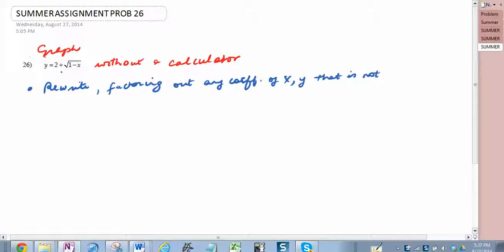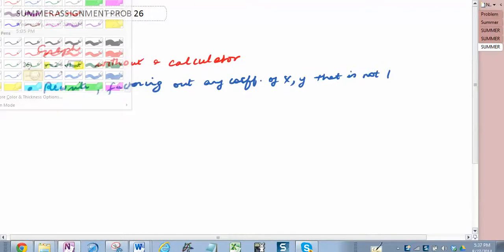So do we have any coefficient of x or y that is not 1? The coefficient of y is 1, but the coefficient of x is not 1, it happens to be negative 1.